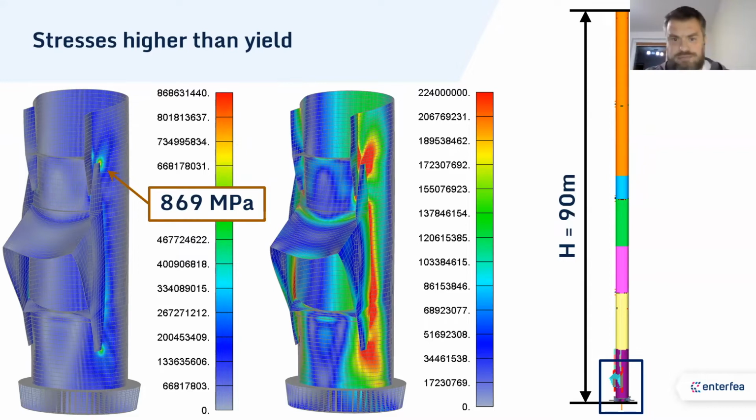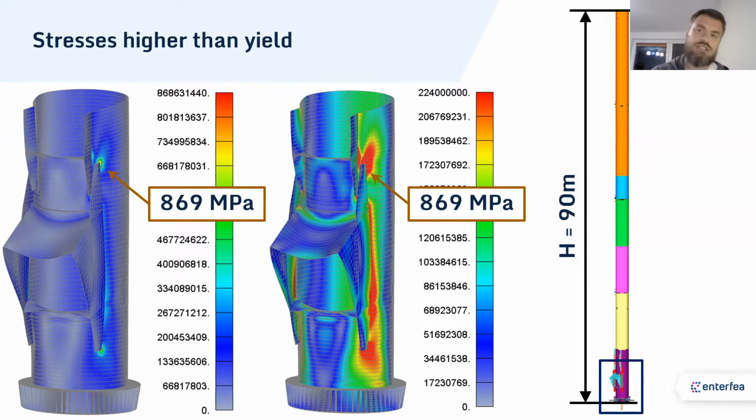But actually, that would be cheating, because it's the same outcome. I just changed the color scale. And I'm changing the color scale here mostly to force you to think about something. Assuming that the yield is 224, as you can see here, we are almost 4 times above yield, right? Would you say that this survives based on the outcome you see on the screen?